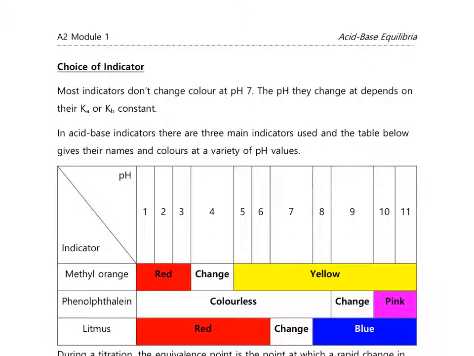And it all depends on when that colour change happens. So we kind of assume that that colour change happens exactly at pH 7, at neutral. But that's not the case. All indicators will have a certain range of pH that they change colour in.